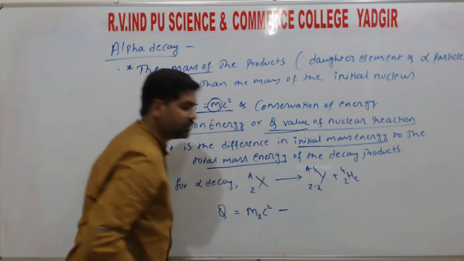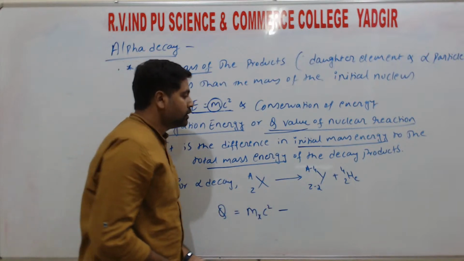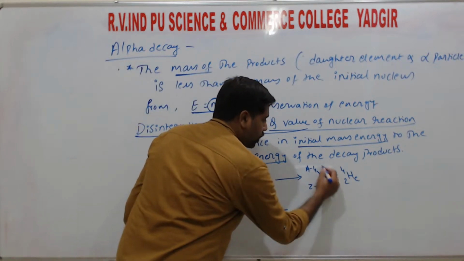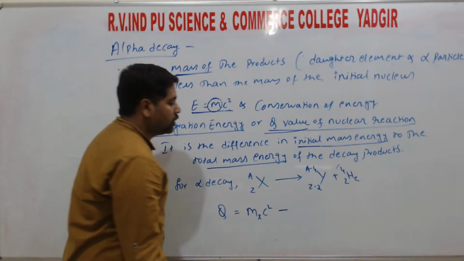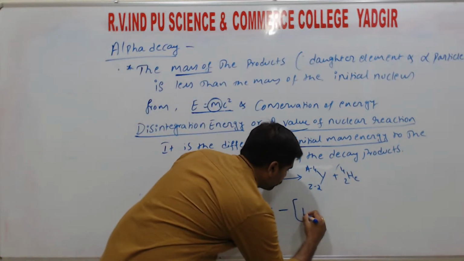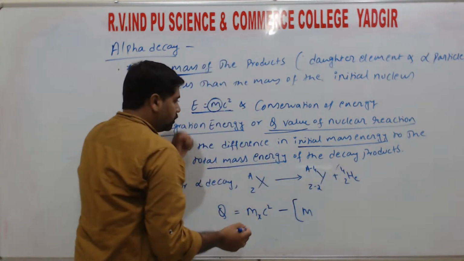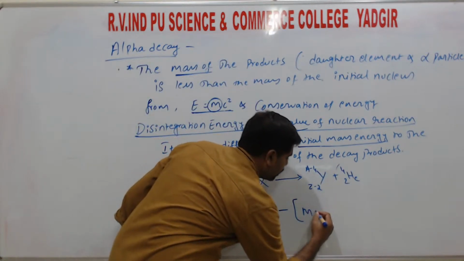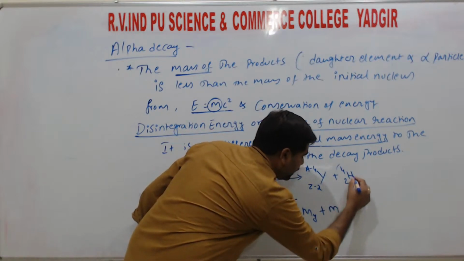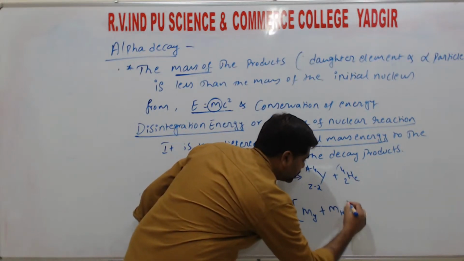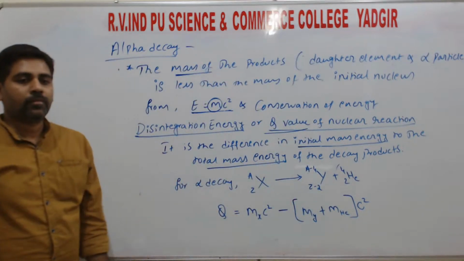Minus, the difference is nothing but subtraction between those two values, minus the sum of the masses of the daughter and the alpha particle, right? Here the mass of the daughter we take as my, plus the mass of the helium atom, mHe, into c square, right?